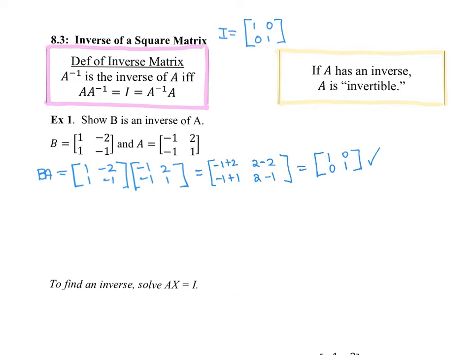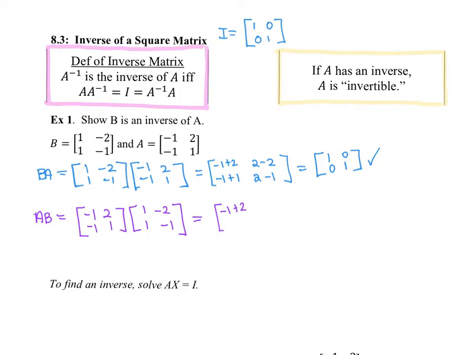So it does work in one direction. It needs to work in both directions. So now I'm going to do A times B, and make sure that this also produces the identity matrix. So row 1, column 1: -1 plus 2.